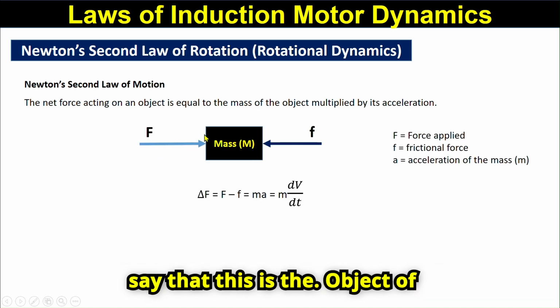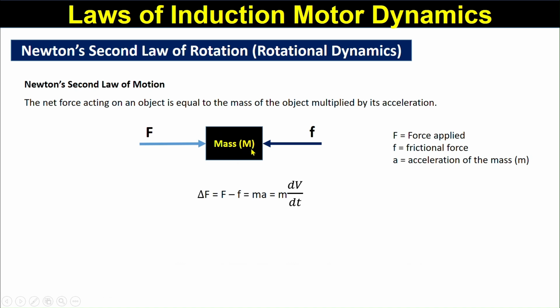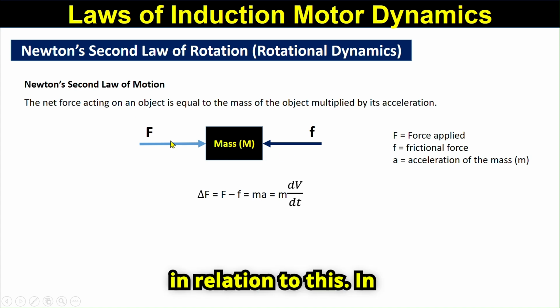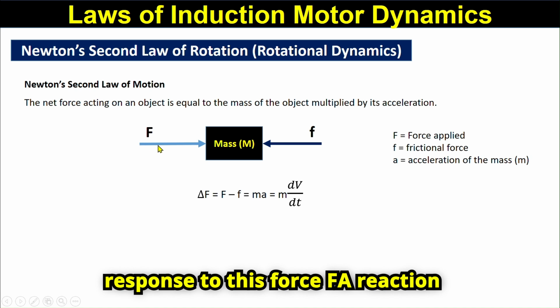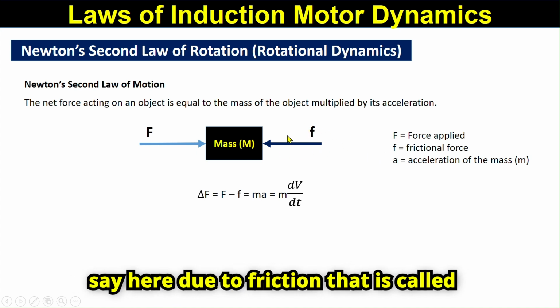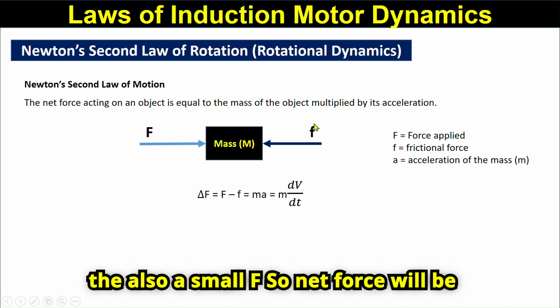What we say is that this is the object of mass m. We have applied a force F here. In response to this force F, a reaction force is developed due to friction, which is also called a small f.